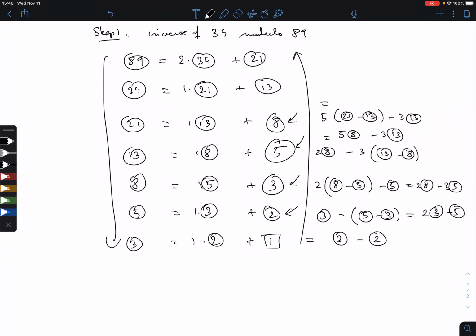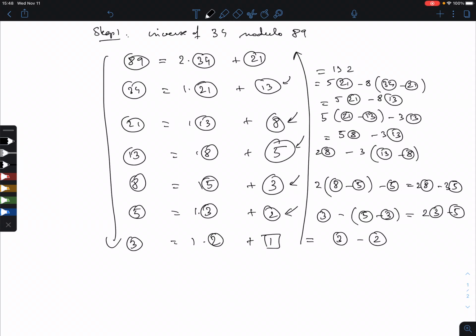So that equals 5 times 21 minus 5, so minus 8 times 13. I think I'm still okay. Now I'm using 13: that is 5 times 21 minus 8 times (34 minus 21).